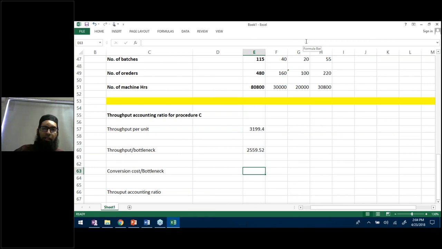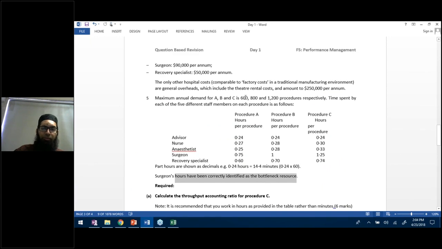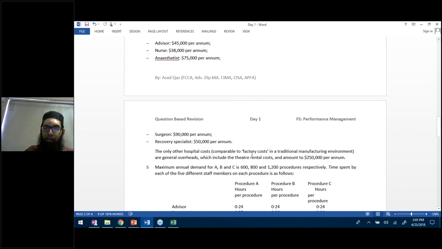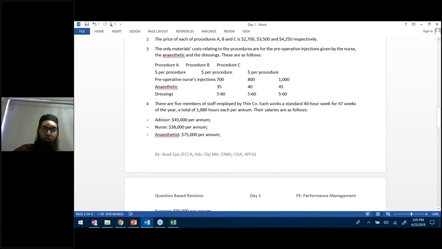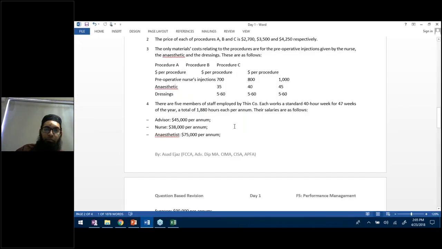So now in the next phase, I will be covering the conversion cost per bottleneck. So the conversion cost, which is also known as the factory cost, includes the salaries of these laborers and also the other overhead cost of $250,000. So that means my conversion cost will be equal the total of conversion cost.